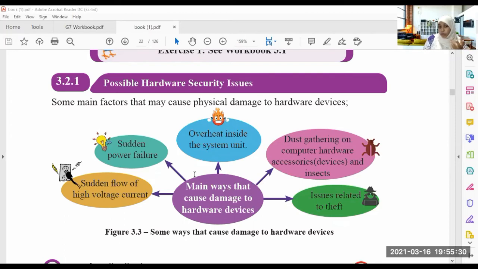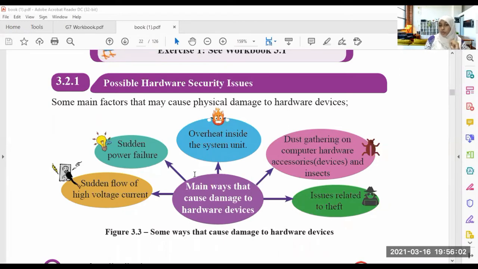If it receives a higher voltage current, it can be damaged. Understood? Like that, the computer also has its unique voltage amount to get the current. So if a high voltage current is suddenly supplied to your computer, it can be damaged. So you should be aware of that.